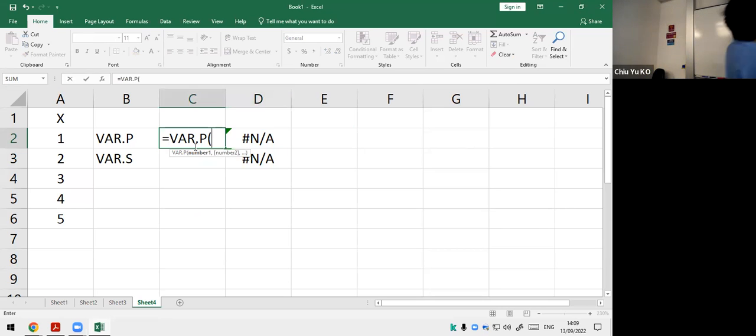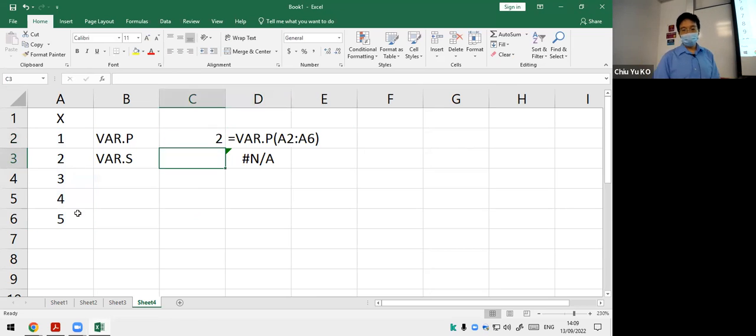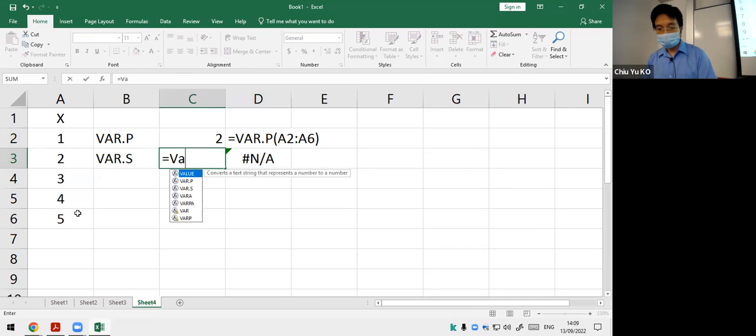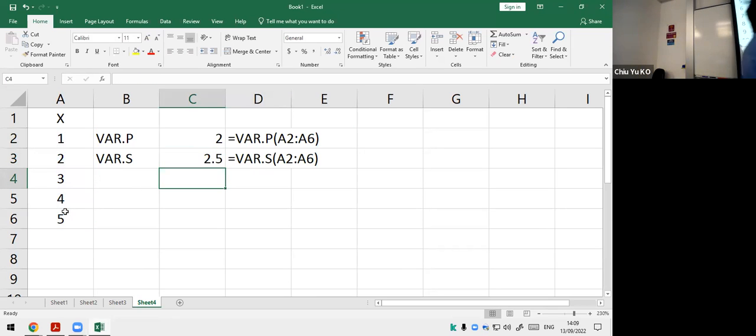This one is exactly divided by n. We highlight them all, and enter will give you the one that's divided by n. And S will be divided by n minus 1. So you have variance P and variance S.